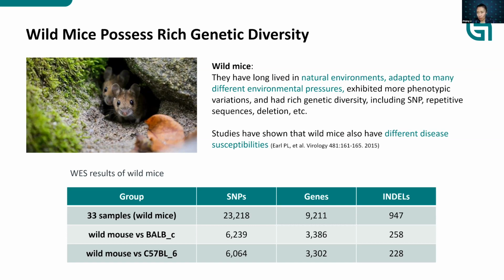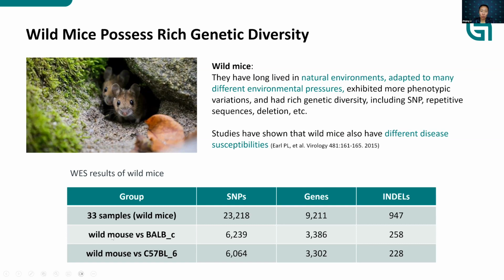These mice were caught by our colleagues and analyzed by sequencing. As you can see, among these 33 samples, more than 20,000 SNP variations were observed. They belong to more than 9,000 genes, and out of these, more than 900 are indels, meaning more than one base pair difference within the specific locus of difference.